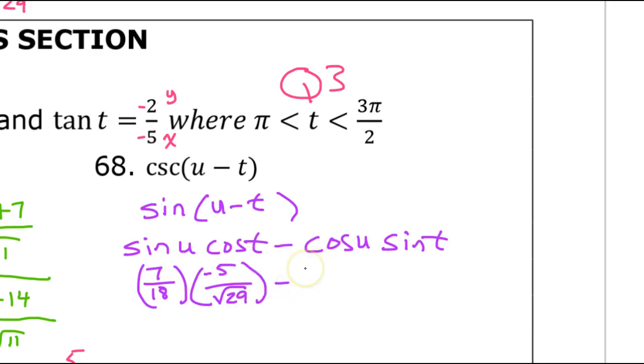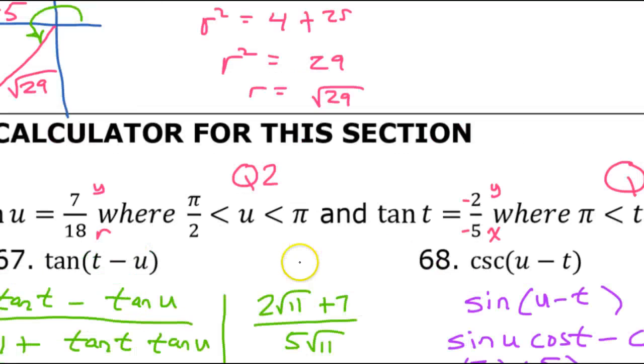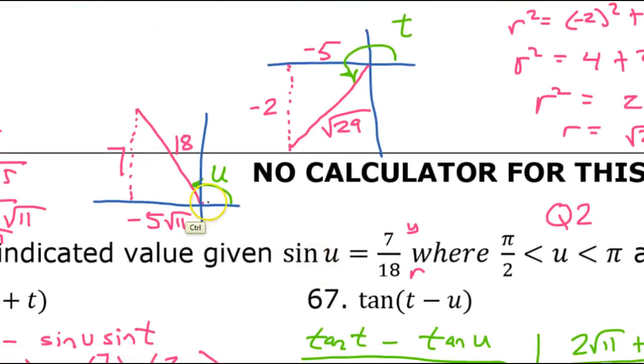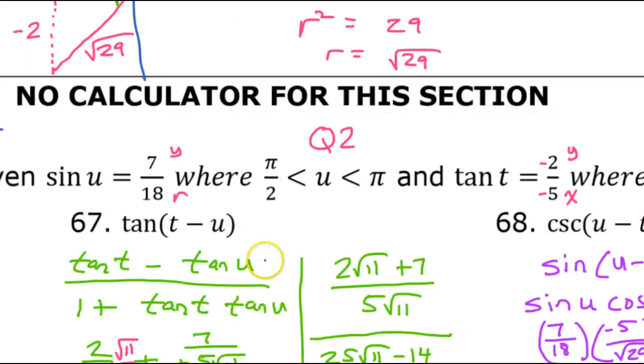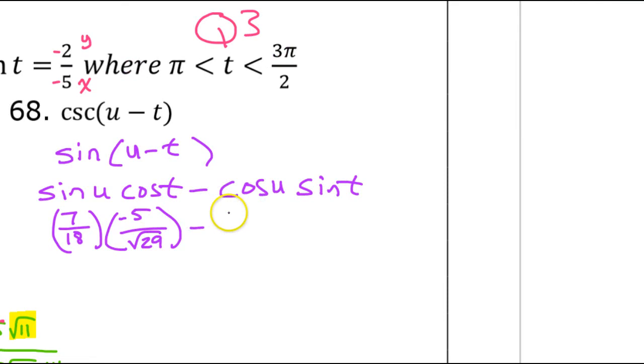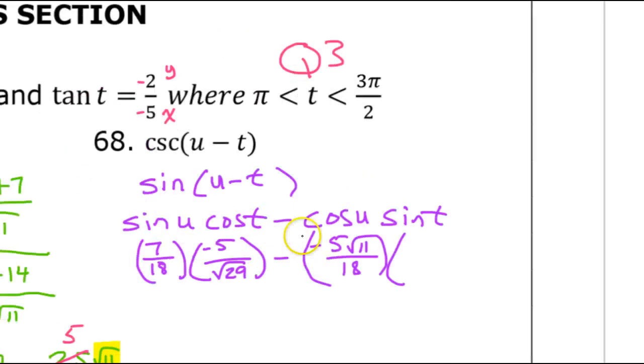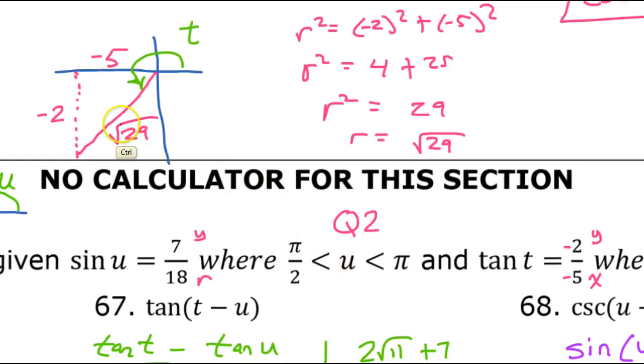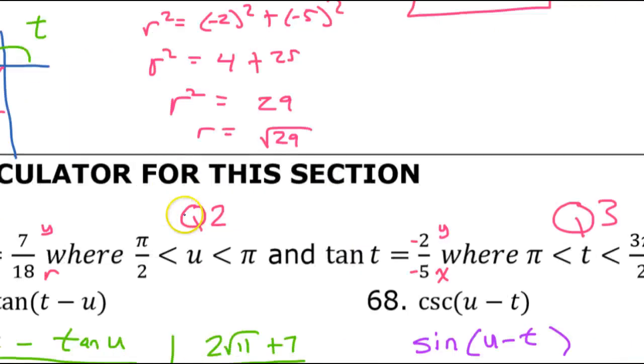Okay, minus the cosine of u. So that's negative 5 radical 11 over 18. And then times sine t. So that's going to be negative 2 over radical 29.